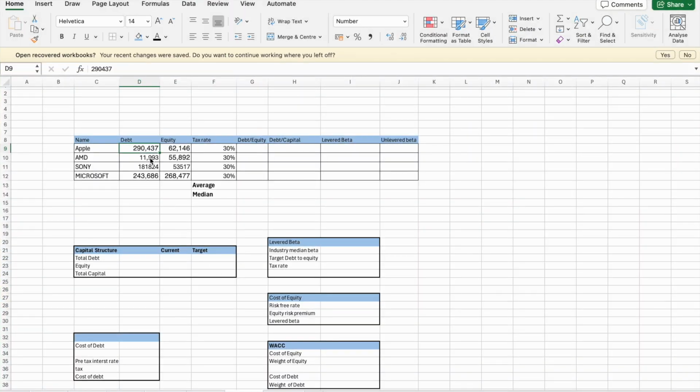There you go. So now I'm going to do some ratio analysis, quite a bit of. So debt divided by equity, simply debt.